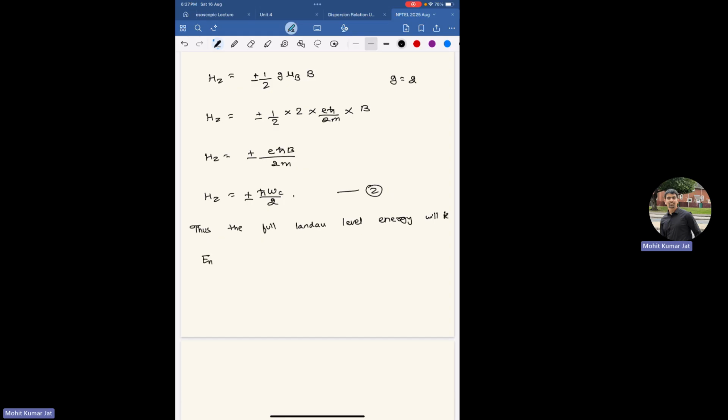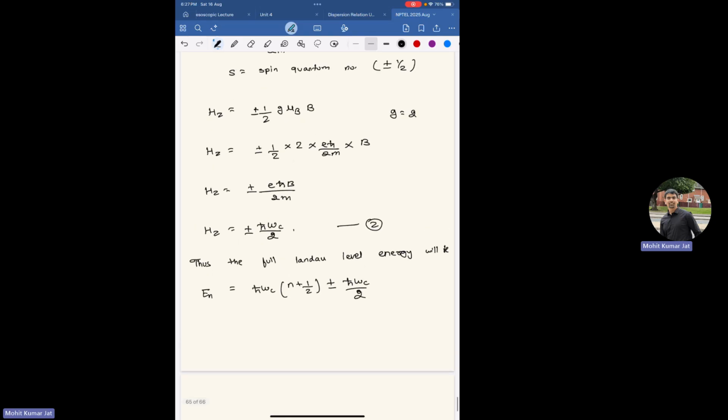E_n will be h bar omega c (n plus half) plus or minus h bar omega c by 2, if you see it. For electrons, the Landau factor I have written is approximately 2.